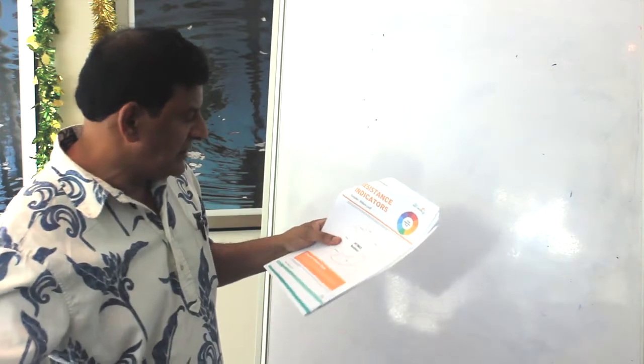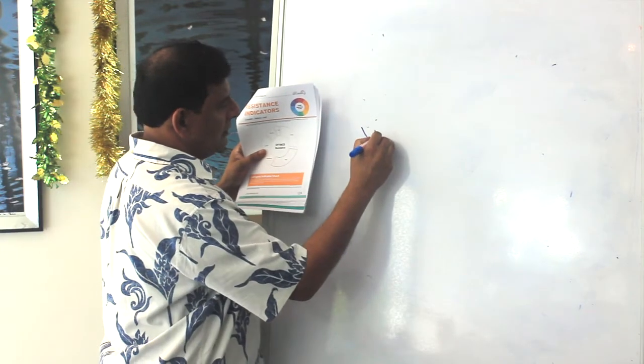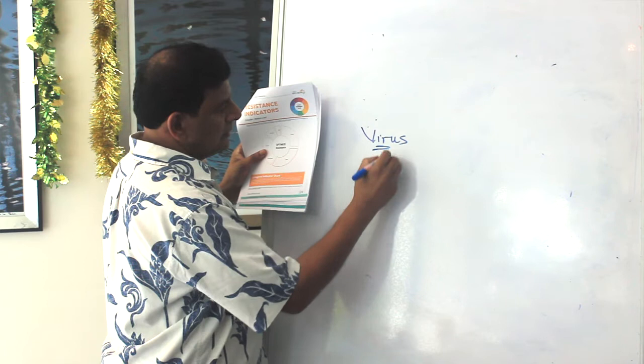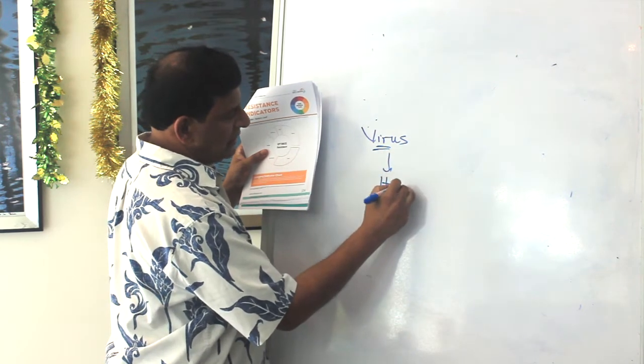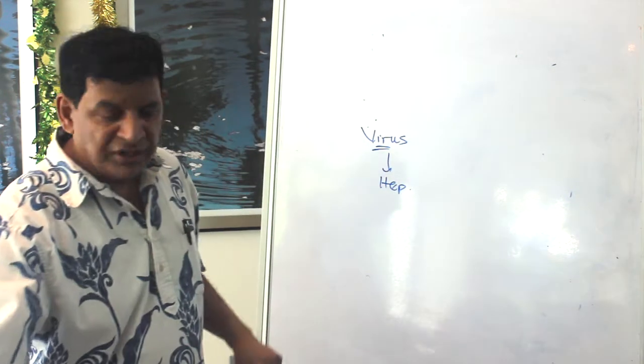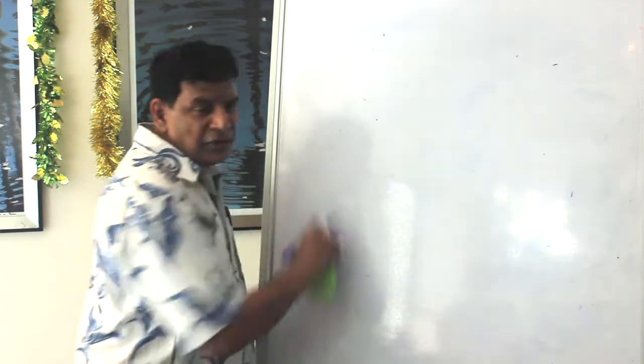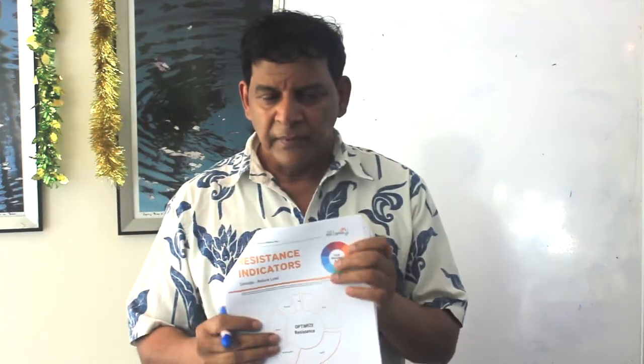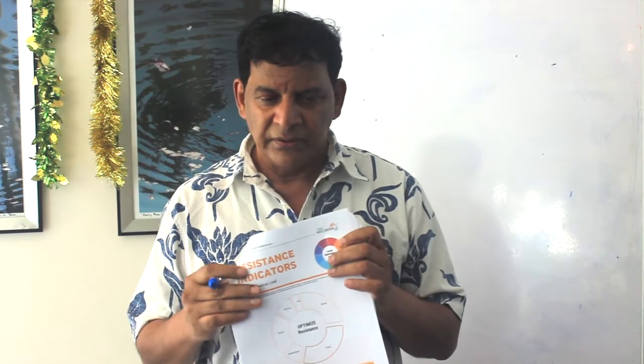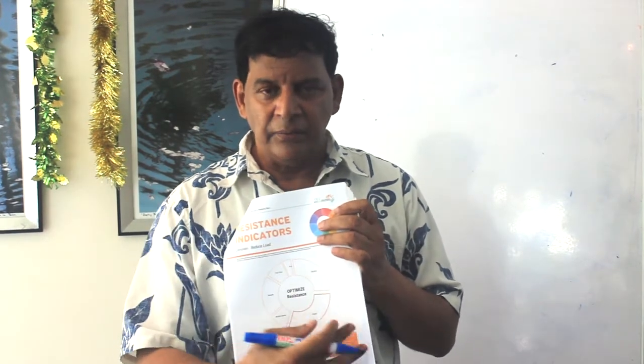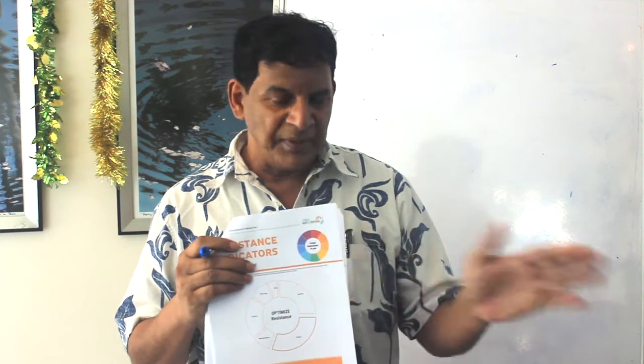Okay, viruses is the other. Again, viruses like hepatitis and others. Question: when you see virus, how do you know it's hepatitis? Until and unless you do a blood test. So don't declare that that virus is hepatitis. It can be cytomegalovirus.